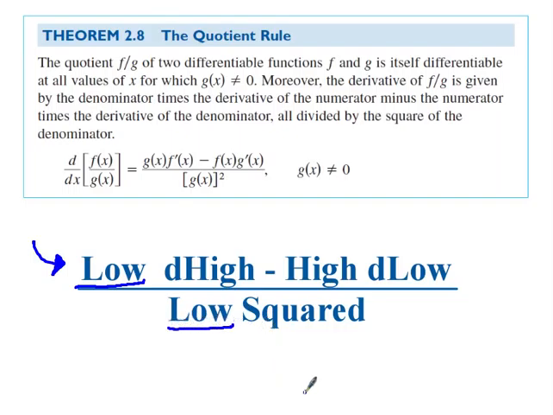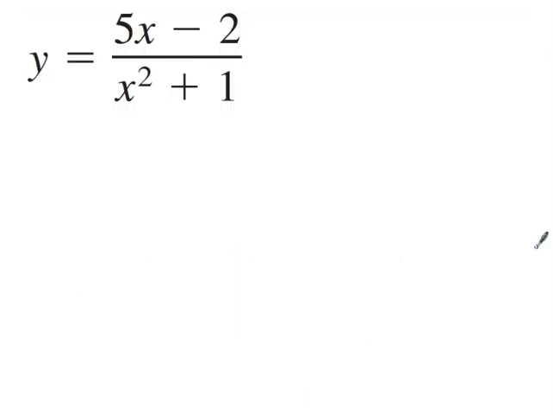Low d high minus high d low over low squared. It's kind of like one of those sayings you get in your head. Low d high minus high d low all over low squared. Remember that. So let's go ahead and look at an example of that.